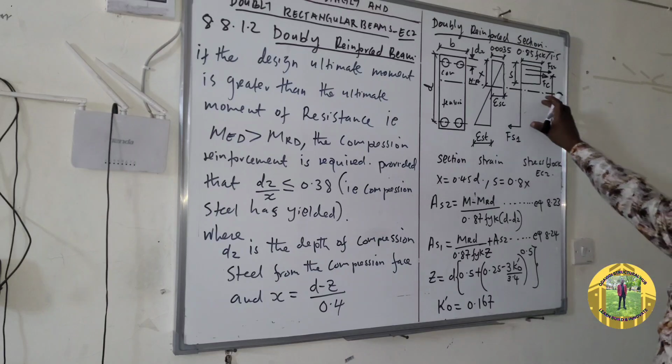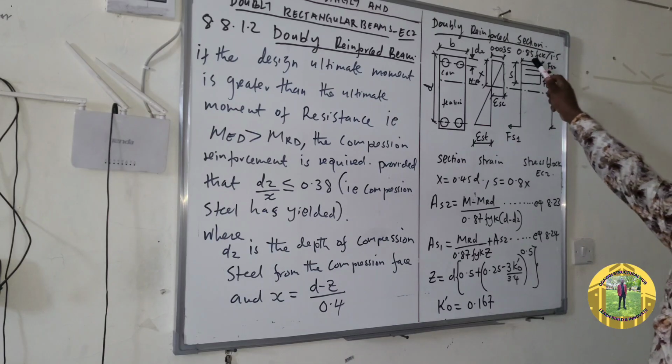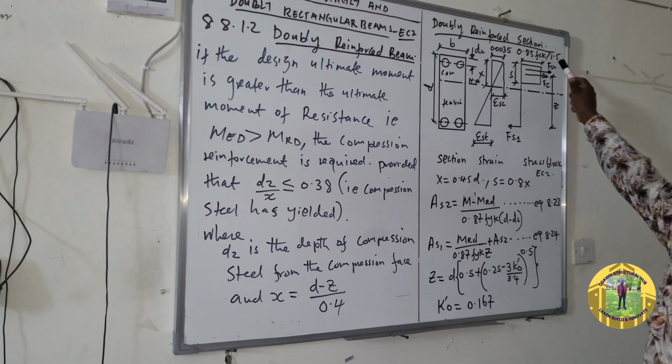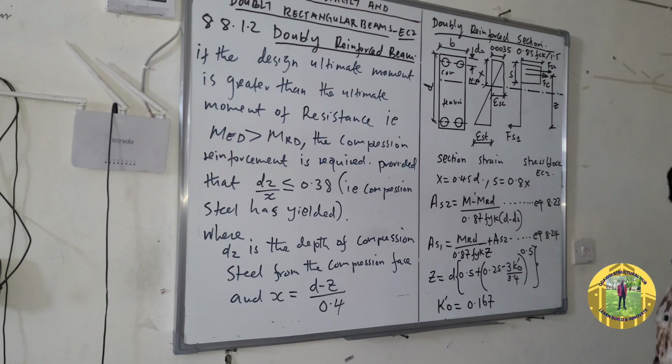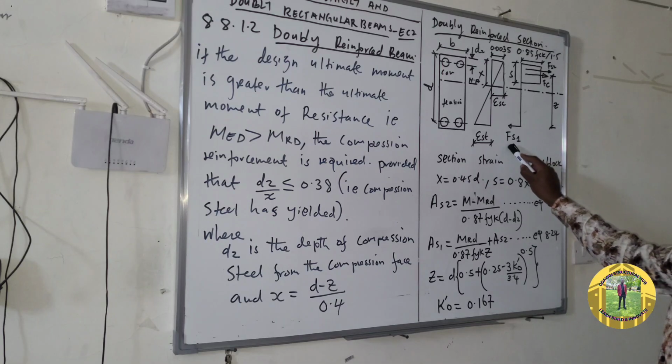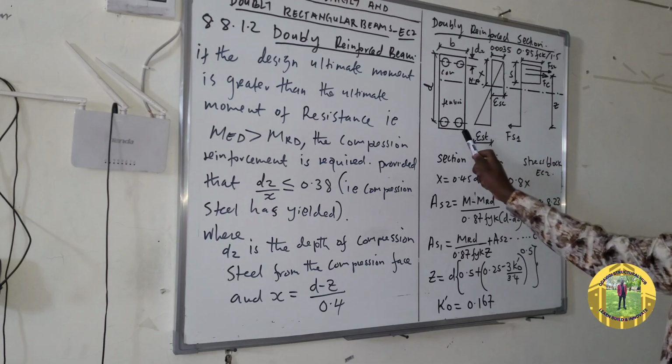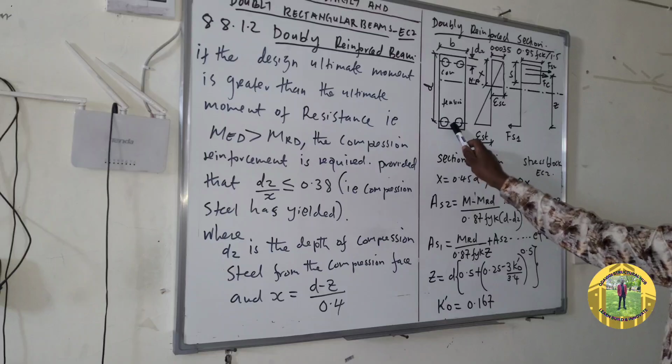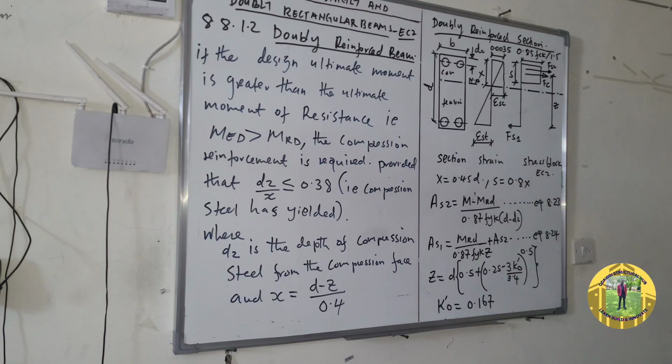This is the stress block. We have 0.85 FCK divided by the partial safety factor for concrete, which is 1.5. And this is the tension force produced by these steels in the tension zone.